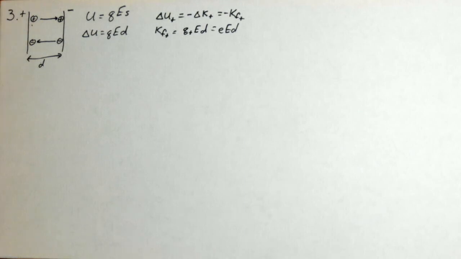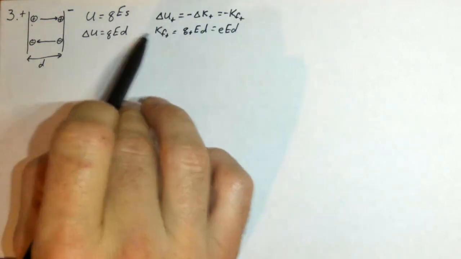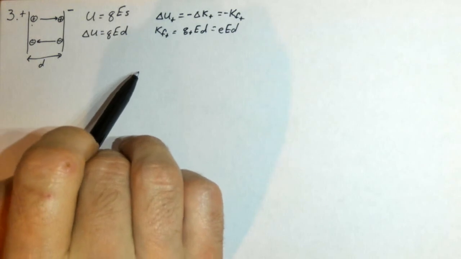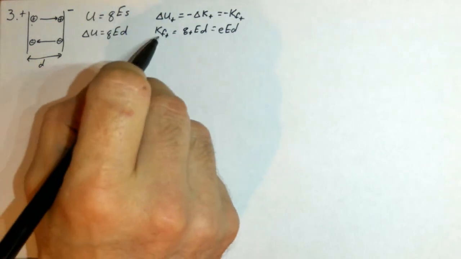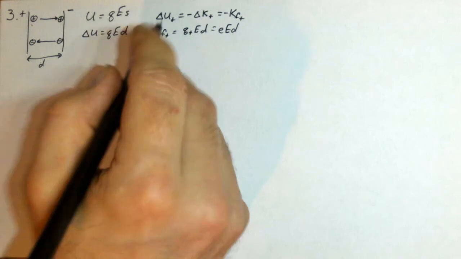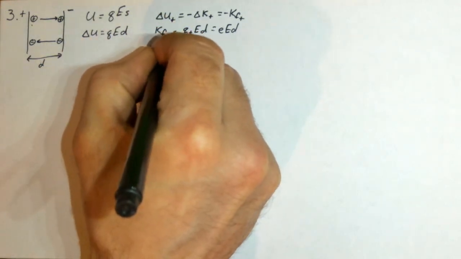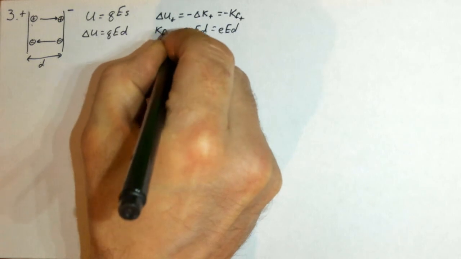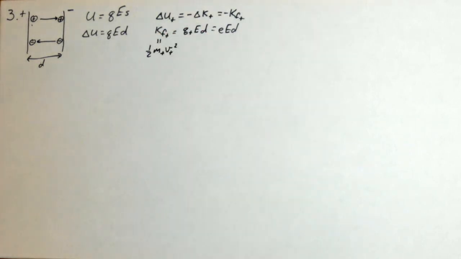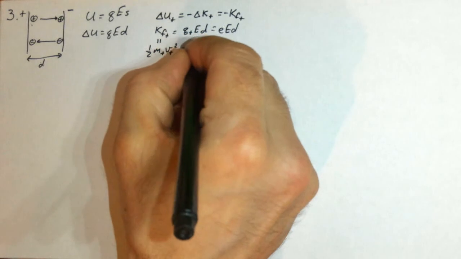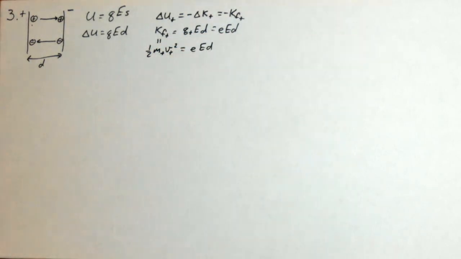They're just opposite in sign, but we've noted that we're just working with magnitudes here. With that being said, that means 1/2 m plus v plus squared, 1/2 mv squared for the proton, equals eED. Now, what is it going to be for the electron? Think about that.